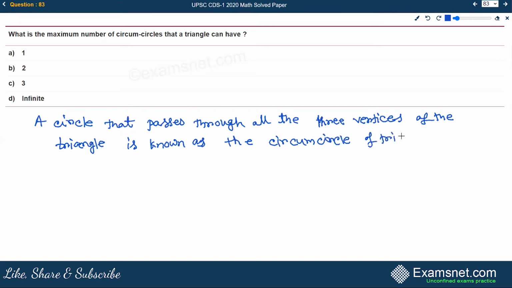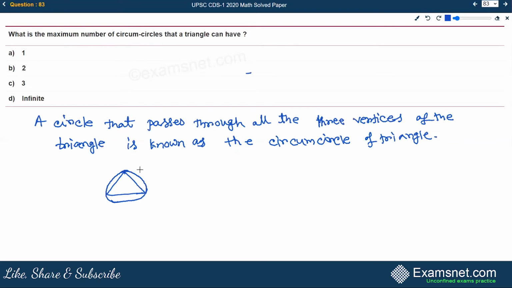Circumcircle of a triangle. Let me draw it first. If this is a triangle, the circumcircle will touch all the vertices. This will be a picture of the circumcircle. Now the question is the maximum number of circumcircles a triangle can have.